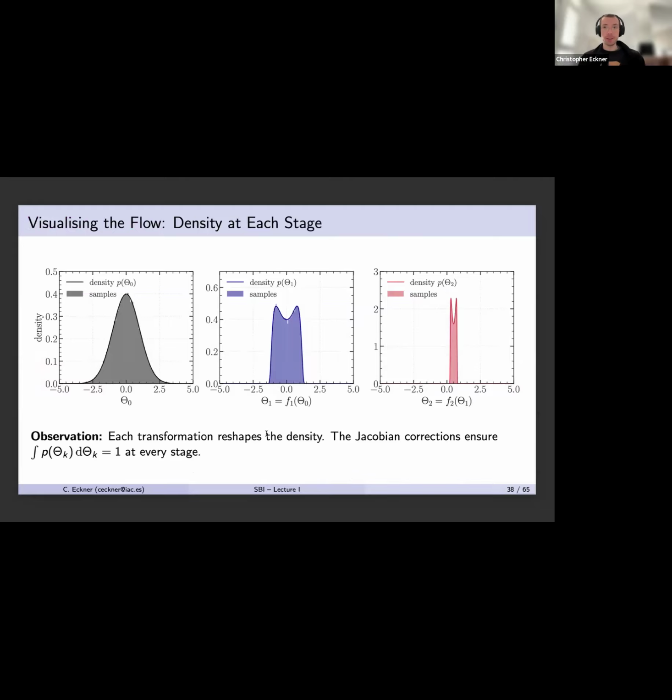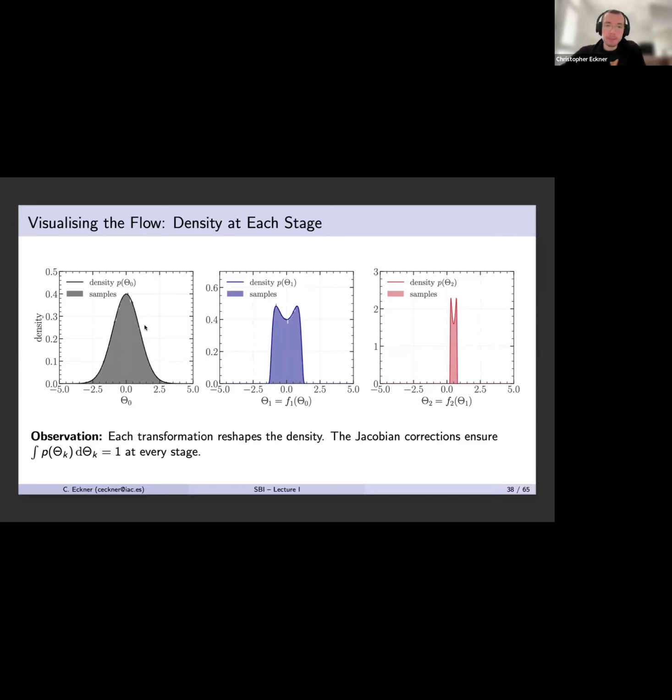So I show you here the visualization of the different steps that have been taken. On the left, you see the original distribution that we had, the standard normal. The smooth curve or profile is the actual probability density function, while the samples that I've drawn here are shown as a histogram.